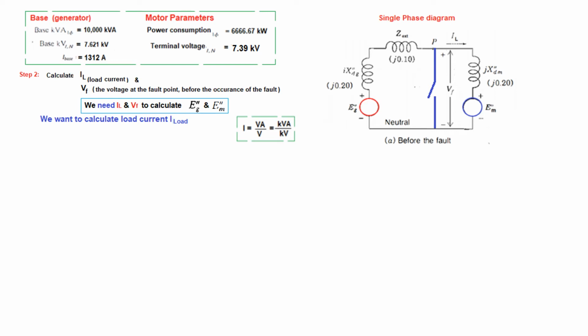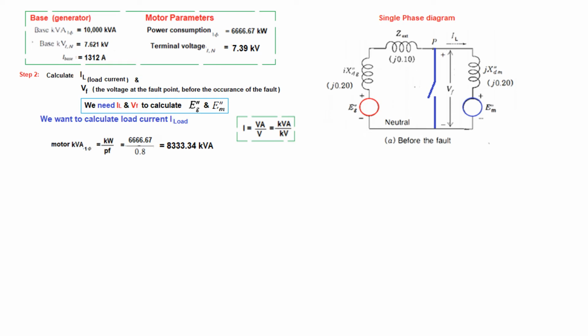Now our load power is in watts, so let's convert that into kVA so it becomes easy. So the motor kVA, we divided kilowatt by power factor, so 666, this was the kilowatt divided by power factor.